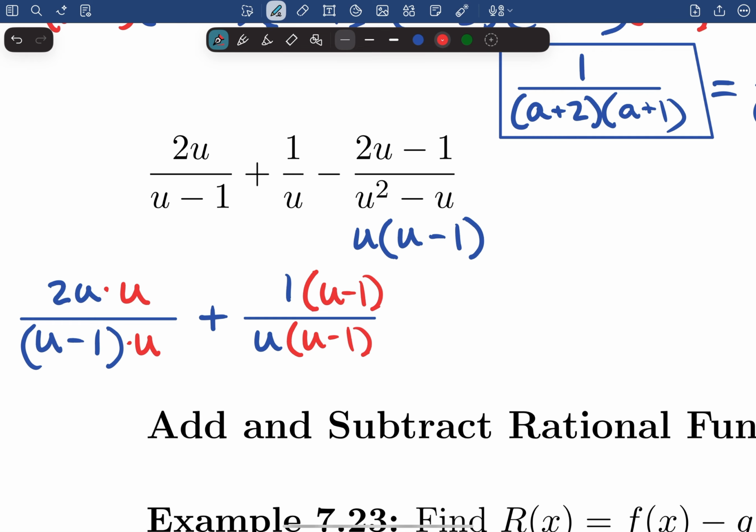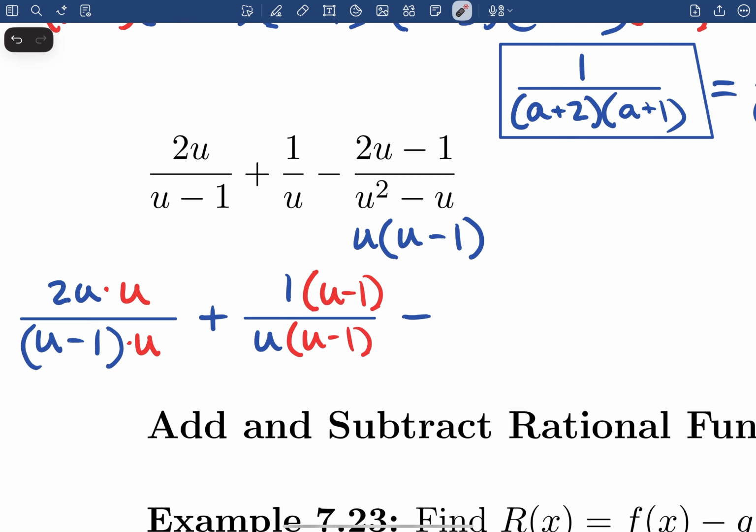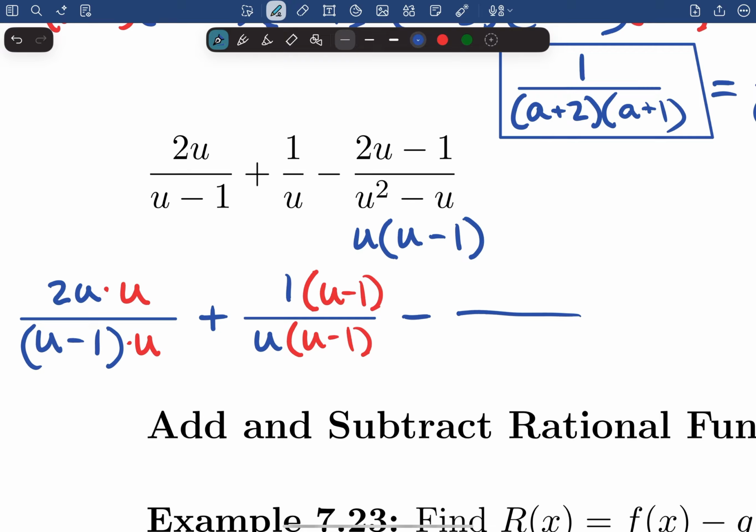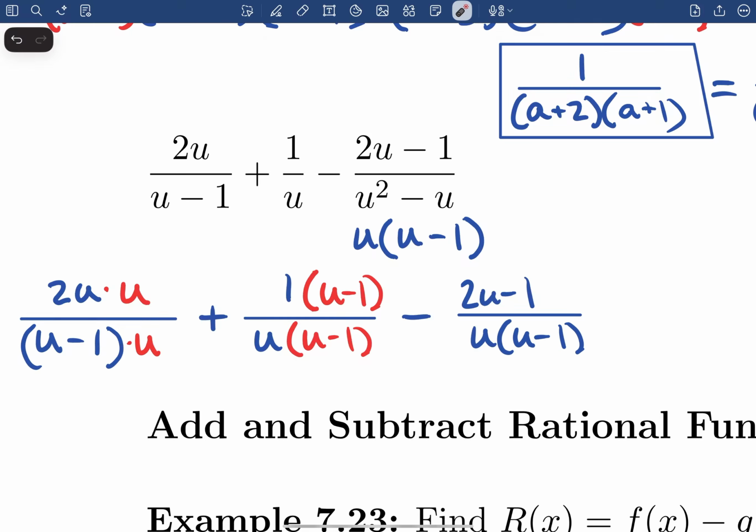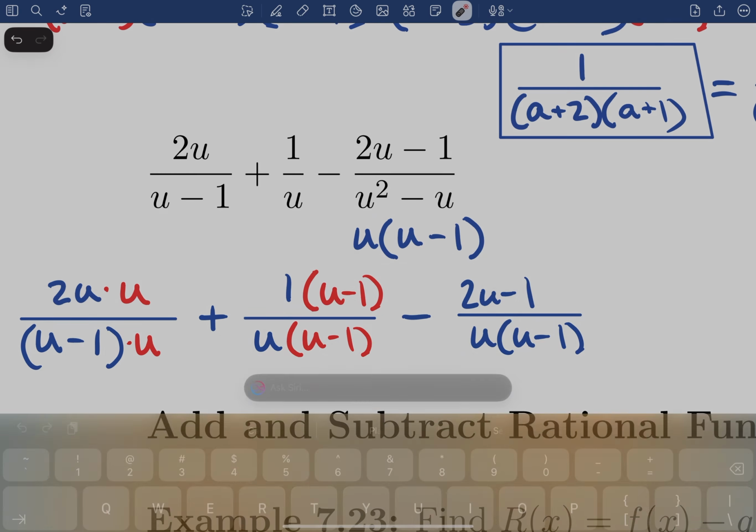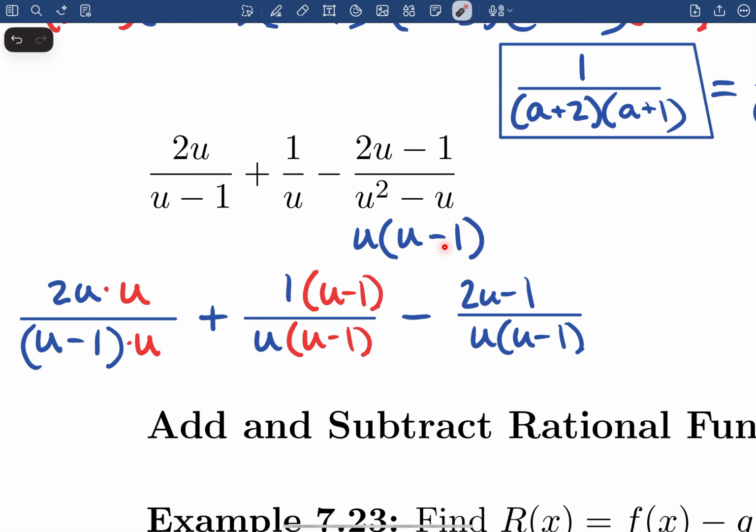And now moving on to the third fraction. First of all, I have a minus sign, right here. So I'm going to apply that. And now I have the 2u minus 1 on top. And I have the u times u minus 1 on bottom. And guess what? This fraction already has both the pieces that the other ones have. It has a u and it has a u minus 1.